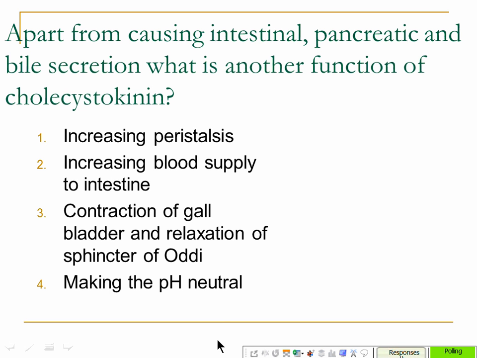Okay, here. Apart from causing intestinal, pancreatic and bile secretion, what is the other function of cholecystokinin?